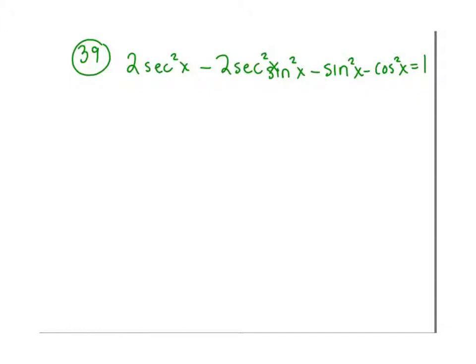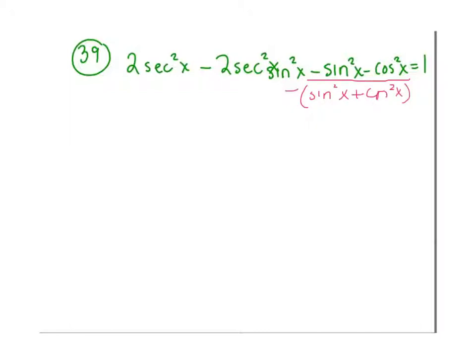Okay, I believe this is the last one, and this is number 39: 2 secant squared x minus 2 secant squared x sine squared x minus sine squared x minus cosine squared x equals 1. Okay, so let's do a little bit of analysis here. From the last problem that we just worked, if I factor out the negative, I have sine squared x plus cosine squared x.